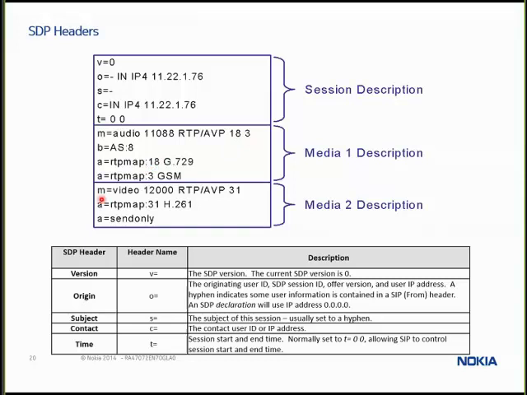I also could have a second media. This is why I may have multiple ports, because this is audio and this one is video. And it says, okay, here's the UDP port number that we'll be using, and here are the values. Now, that isn't 31. Well, that might be 31. That is 31 because it's defined in the attribute pair here.